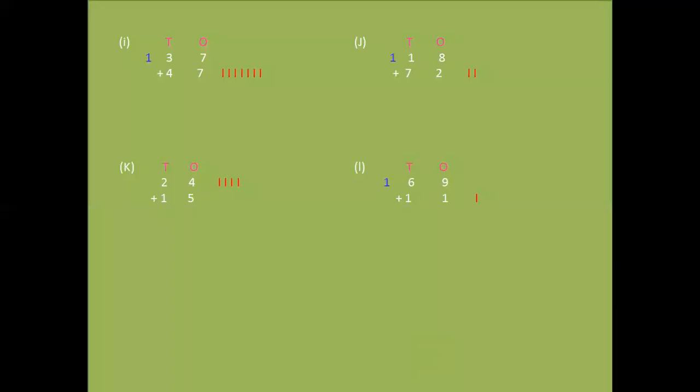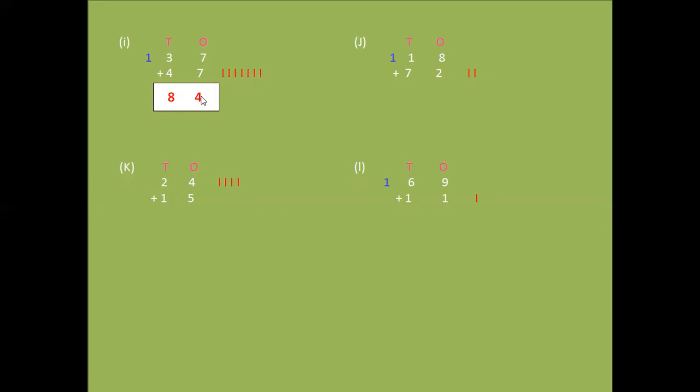Part I. The question is 37 plus 47. So add first 7 plus 7. Draw first 7 lines, then add 7, 8, 9, 10, 11, 12, 13, 14.